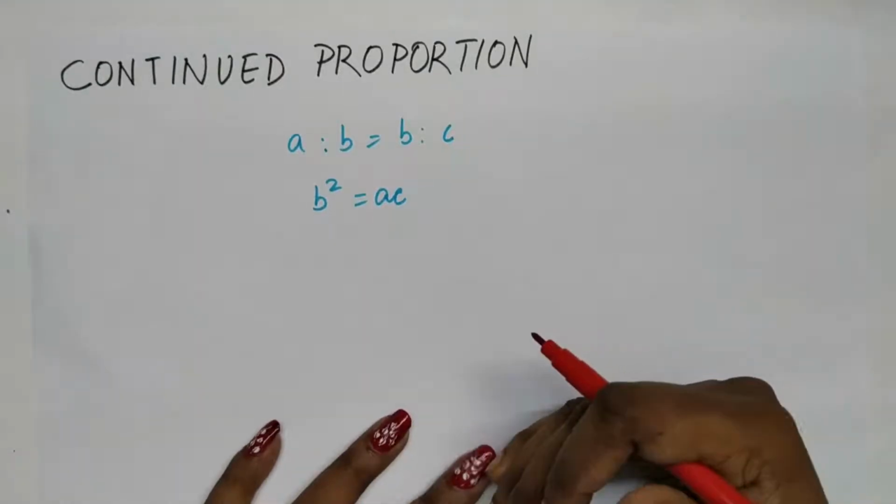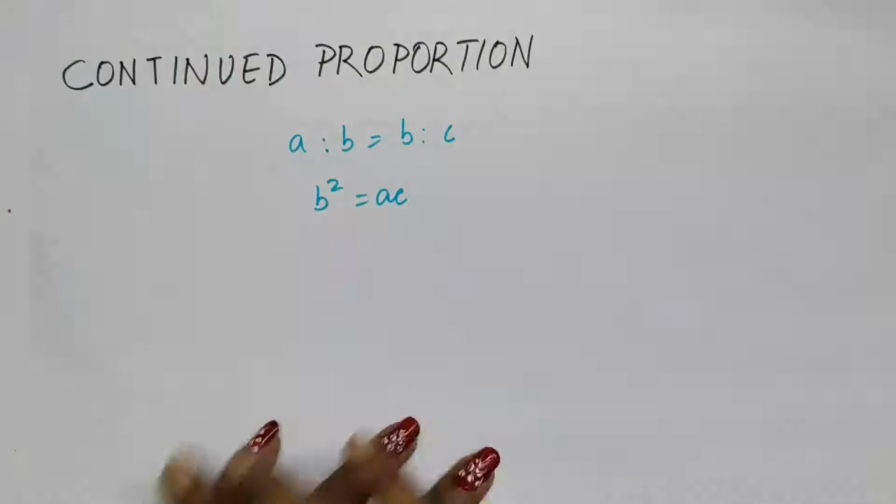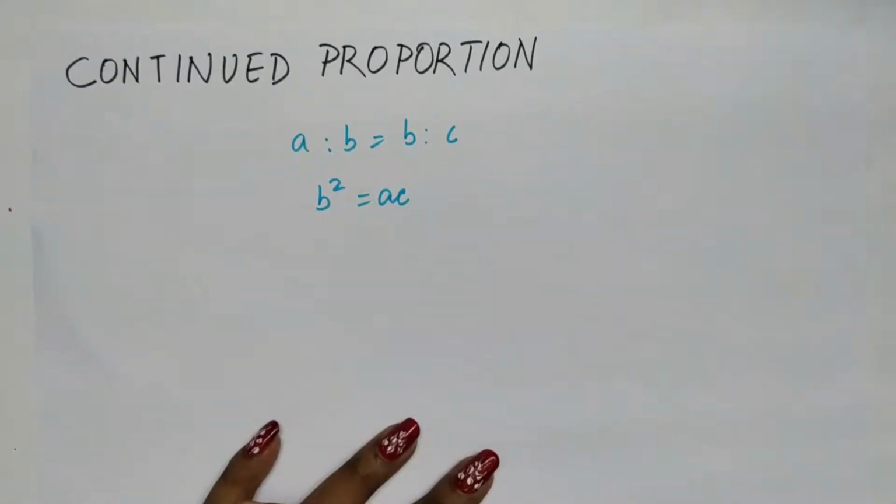Before I start solving the exercise questions and give you some examples of proportion, I want to explain another term that is related to your chapter, that is continued proportion. Now when do I call the quantities or the numbers continued proportions?